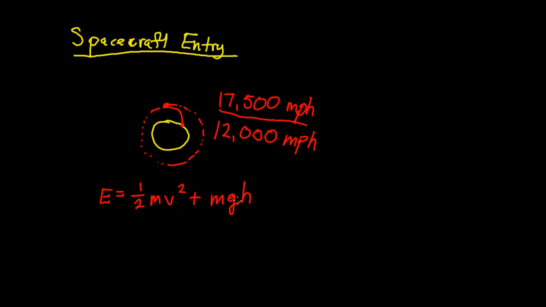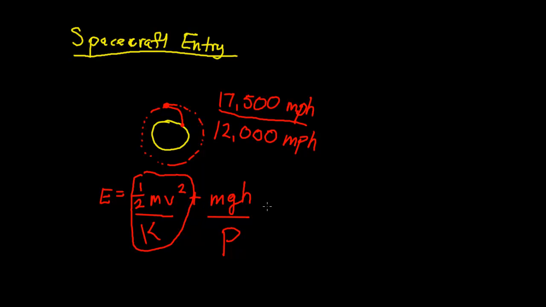This is the acceleration due to gravity, and this is the mass of your spacecraft. So you can see when we are going really, really fast and we are really high up from the Earth's surface, we have a whole bunch of kinetic energy. So this is kinetic energy, and this term is potential energy. Turns out when you're in outer space, your energy is dominated by this term.